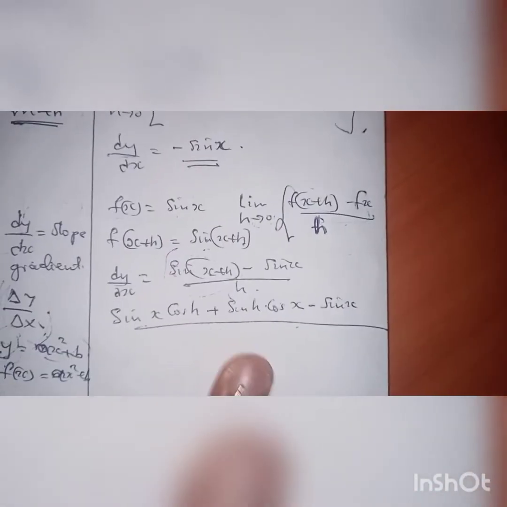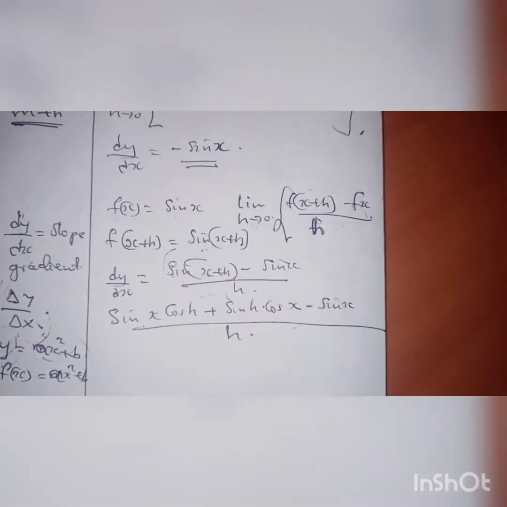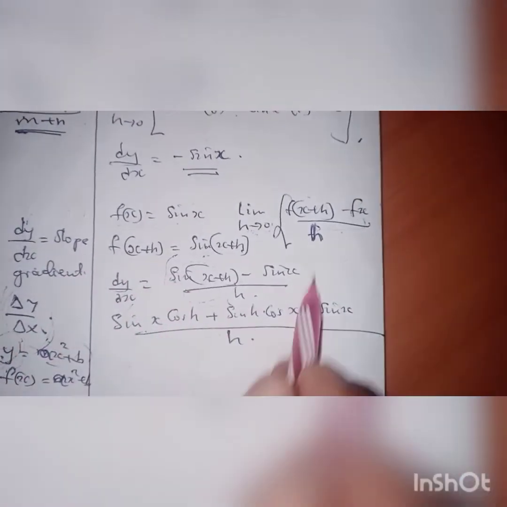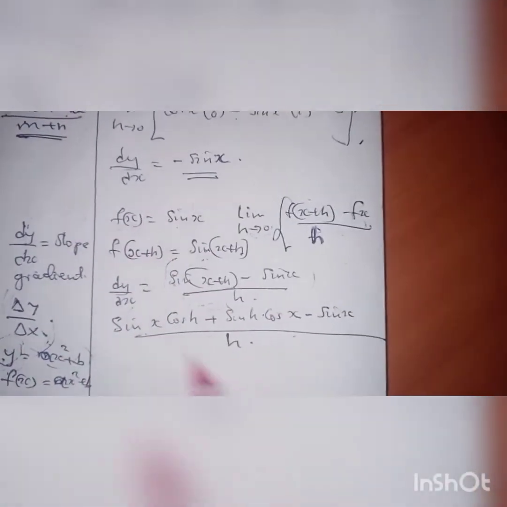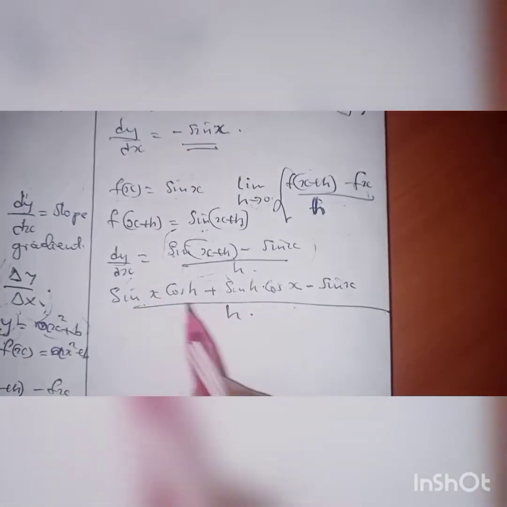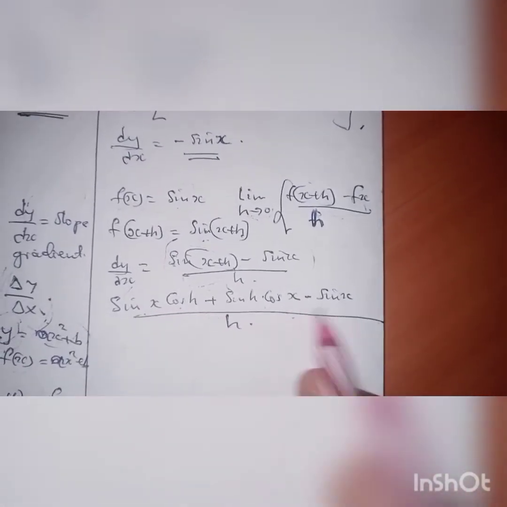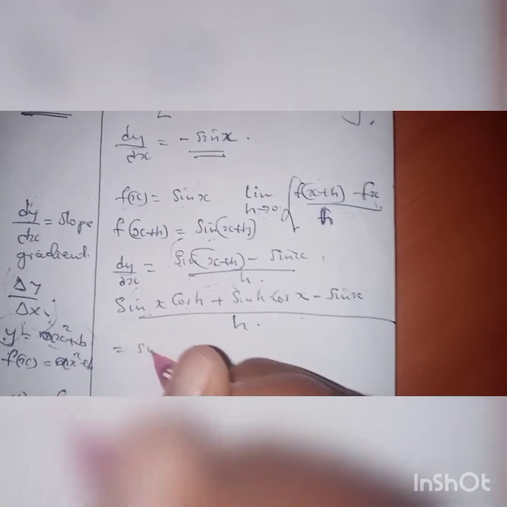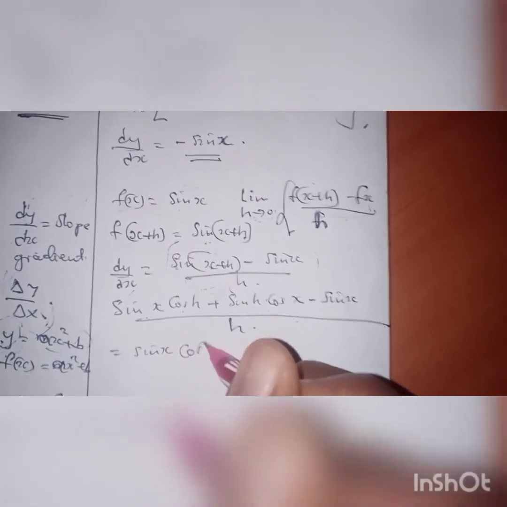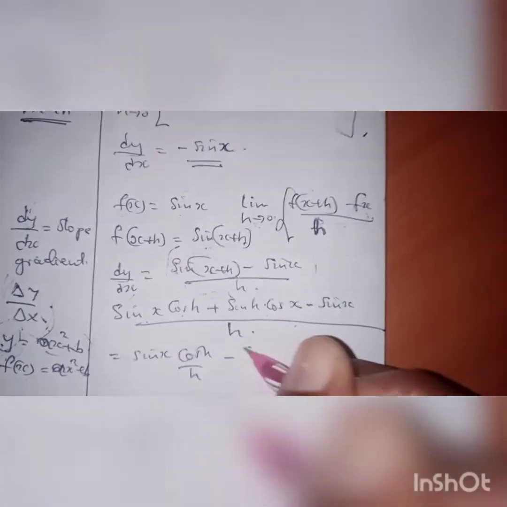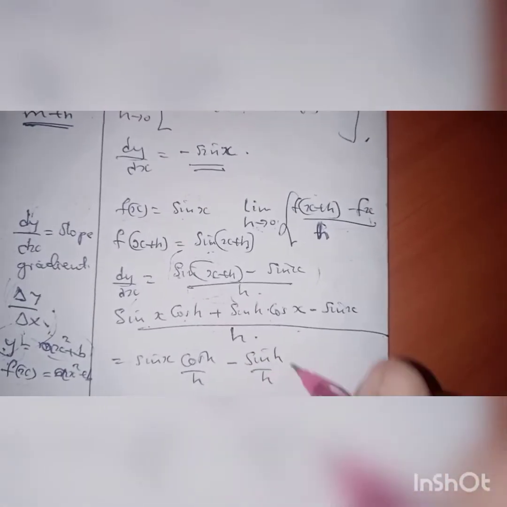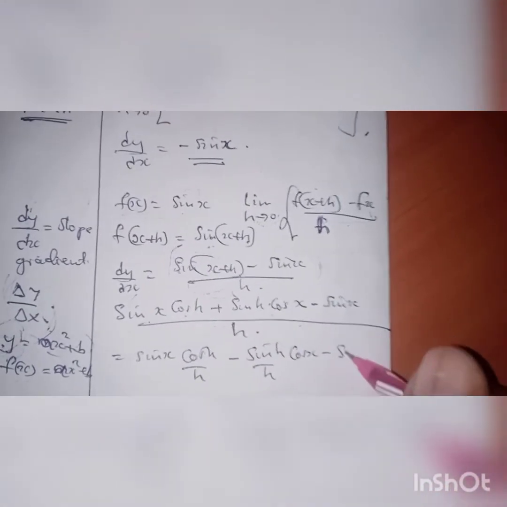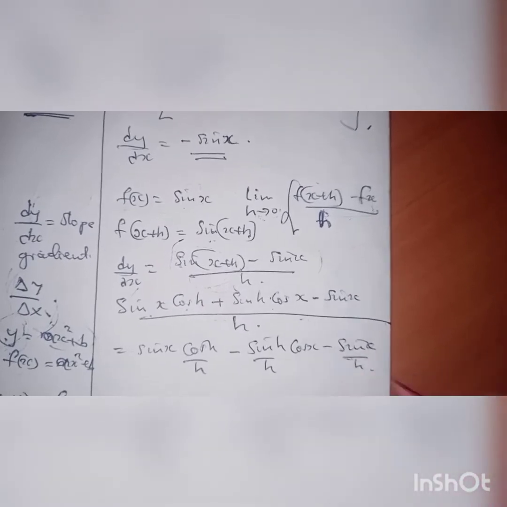Then we can divide this function by h. Since this is the derivative for this function, we can write it in this form. Therefore, dividing by h, this is sine x cos h over h, plus sine h over h cos x, minus sine x over h.